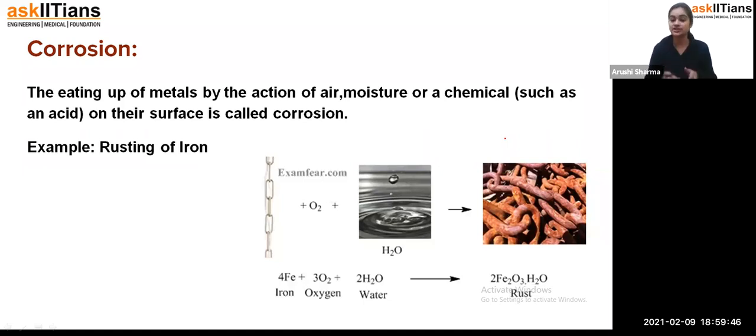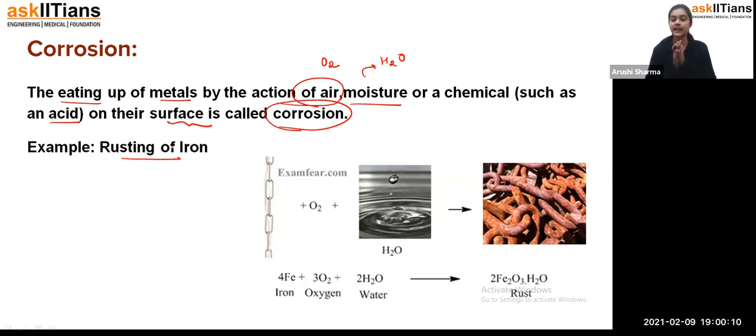Corrosion means damaged, destroyed. That's how your metal gets destroyed. So the eating up of metals by the action of air, that means oxygen, moisture, that means H2O, or a chemical such as an acid on their surface is called corrosion. For example, rusting of iron.